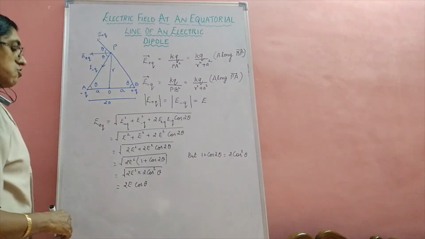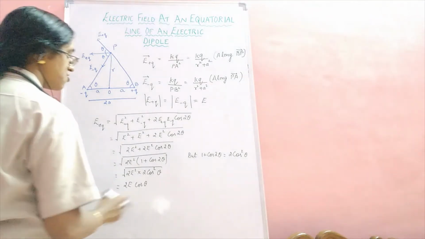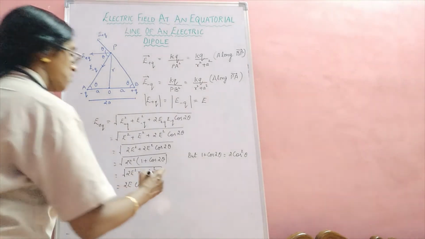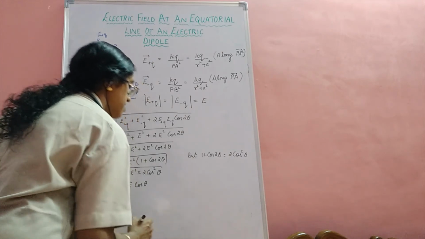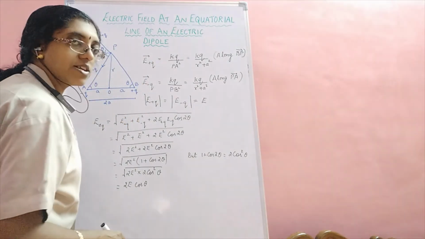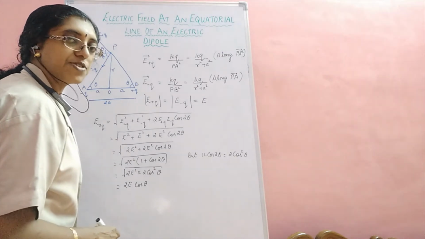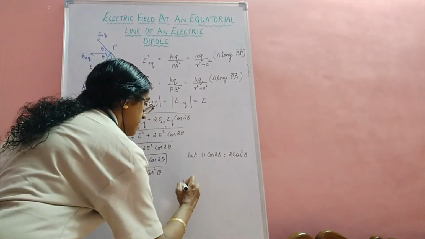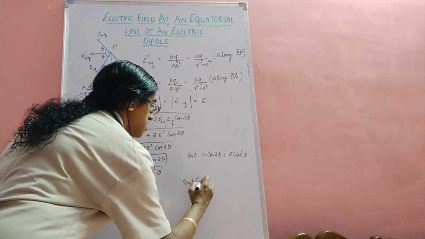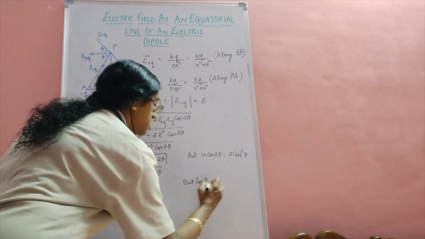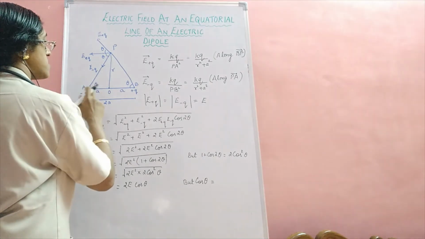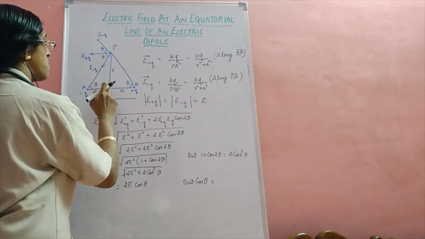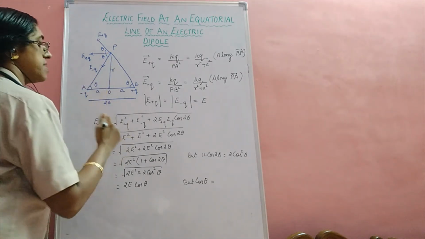Right? Now, I'll substitute the magnitude of E. As all of you know, cos theta is base upon hypotenuse. So, from the triangle, cos theta is equal to base OA upon AP.